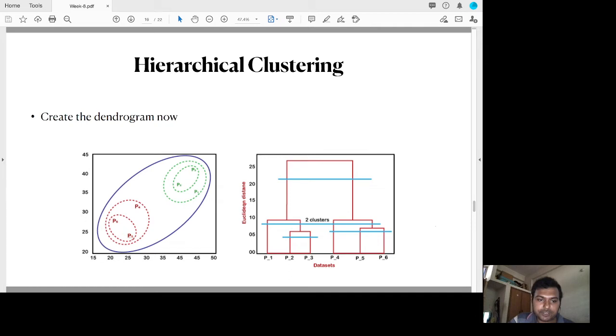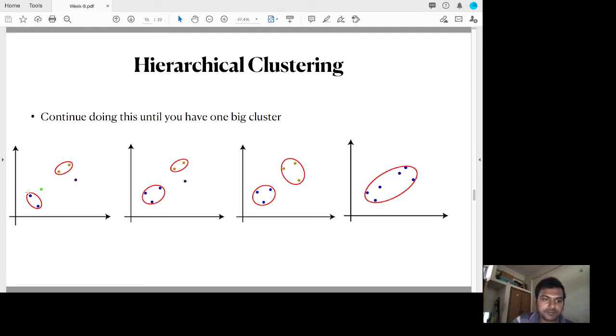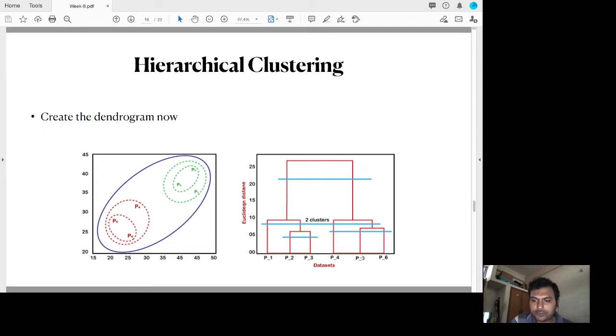The next step was you clustered P6 and P5. That also gets recorded in the dendrogram. The Euclidean distance between P5 and P6 is more than that between P2 and P3, but lower than all the others. So P5 and P6 are clustered next.